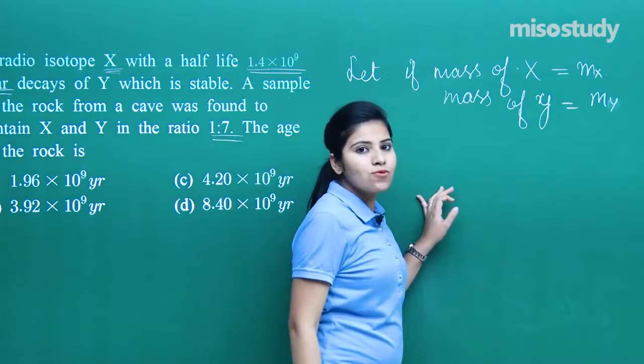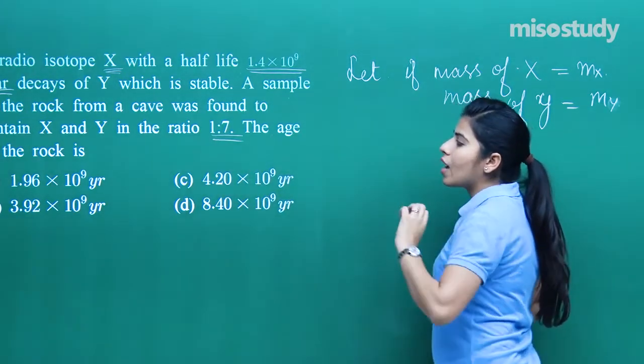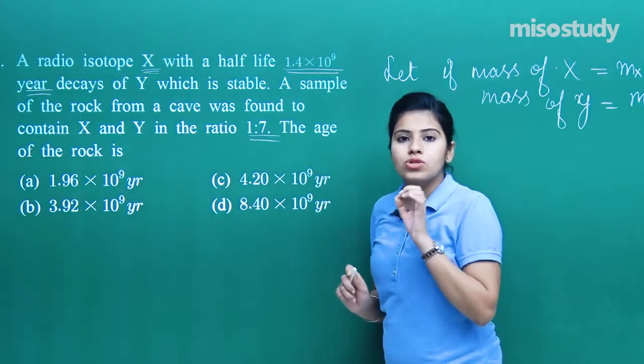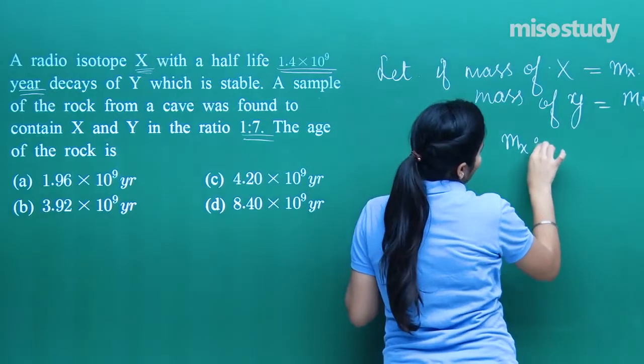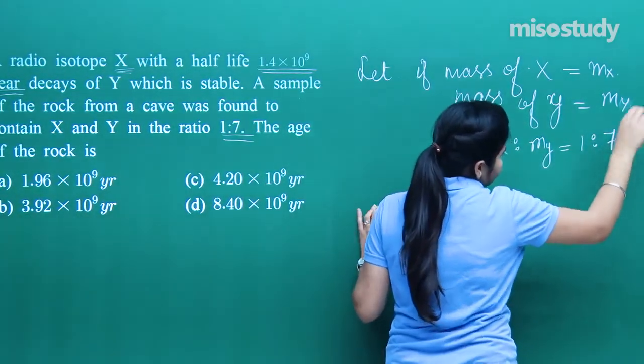Now in that case, what has been given in the question? We have been given this ratio that the masses are 1:7. So let me just write over here mx ratio my equals to 1:7.